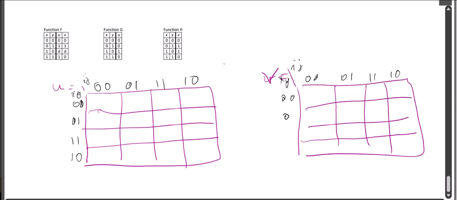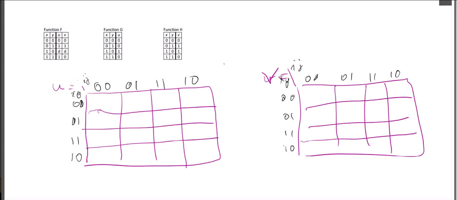Make sure you get the labels correct on your Karnaugh map. That goes 0, 0, 0, 1, and then 1, 1, 1, 0. It swaps like that. Each column or row has to be different from the ones next to it by just 1.